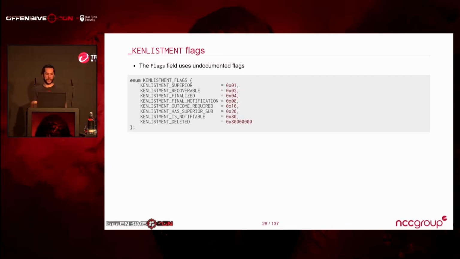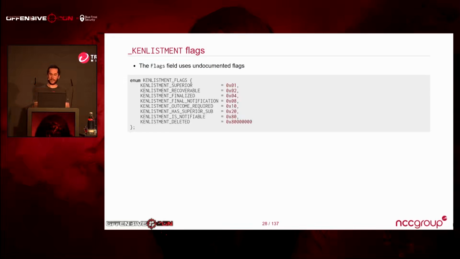For the actual flags, this is how we documented the flags when we were reversing, but the two that are interesting for us are finalize, because the finalization of an enlistment dictates when the enlistment has finished doing its work and basically can be freed.